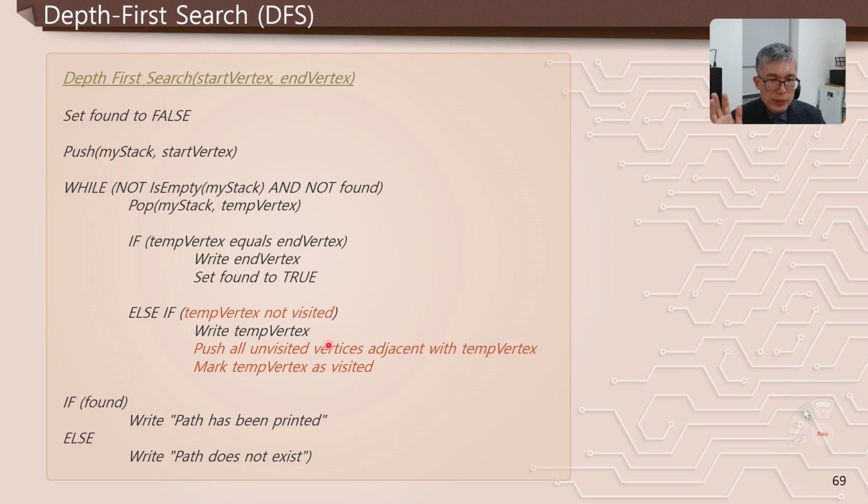Otherwise, if it is not visited yet, check it. If it was already visited, we don't check it again. So push all unvisited vertices adjacent to the temp vertex, its neighbors, and then mark the temp vertex as visited. Using this while loop we can do the depth first search.